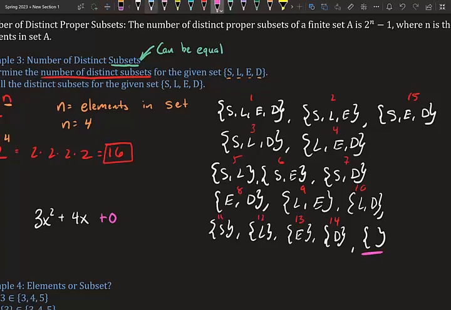It's just like if I had x, isn't there always a 1 in front of x? We just don't put it. That's the same thing with equations. There's always a 0 at the end of every expression, every equation. We just don't put it because 0 means nothing to us. Well, that's the same case. There's always an empty set, which kind of means nothing, which is what 0 means to us. So don't forget, your last subset is going to be your empty set.